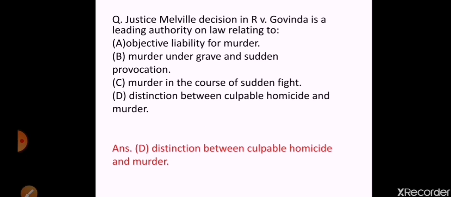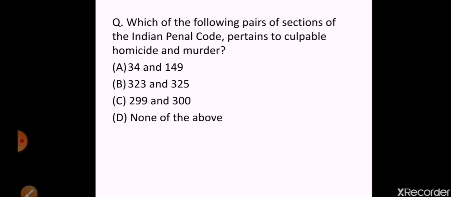And the next question is, which of the following pairs of sections of the Indian Penal Code pertains to culpable homicide and murder? The options are A. 34 and 149, B. 323 and 325, C. 299 and 300, D. None of the above.